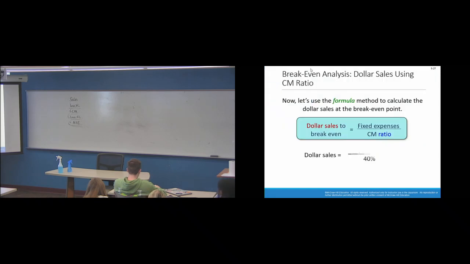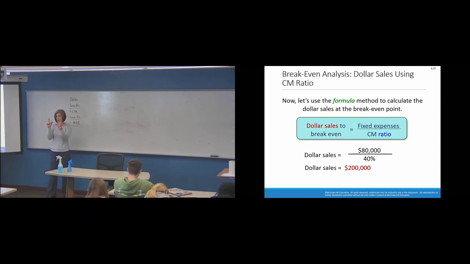That's already in there. The other way to express break even is in sales dollars. You'll notice that instead of dividing by unit CM, so if I want to know how many units I need to sell, I divide by unit CM. If I want to know how much sales dollars I need, I divide by the contribution margin ratio.